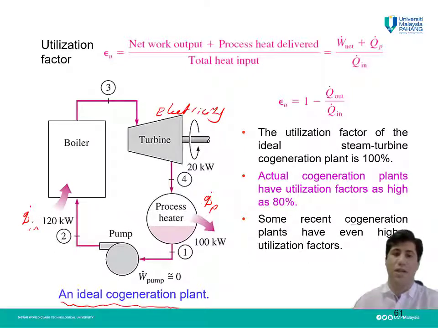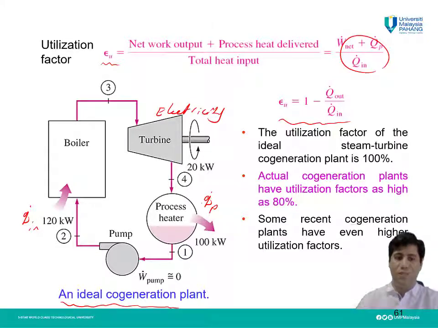We have Q dot in as input, and these two, electrical work and process heat. So this equation is the utilization factor, or we can simply write: utilization factor equals 1 minus Q dot out divided by Q dot in for a cycle.